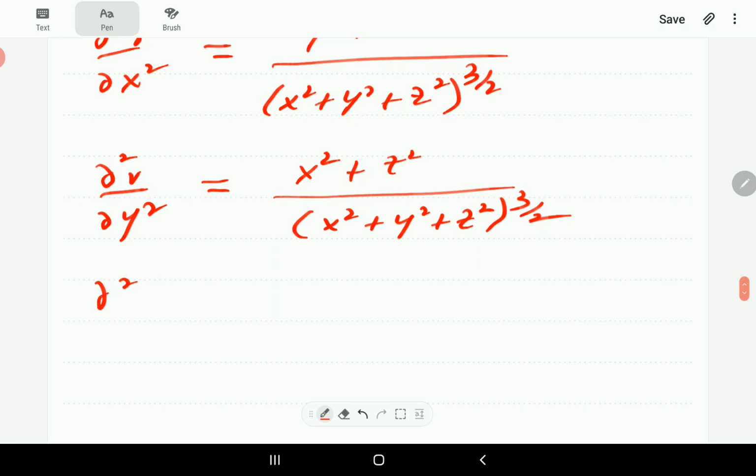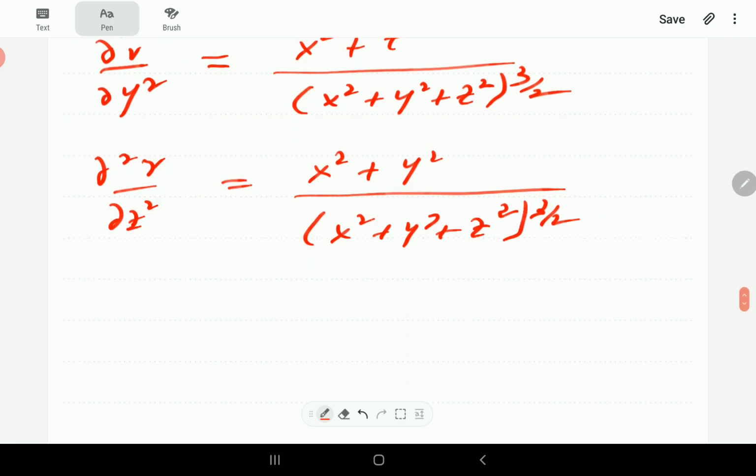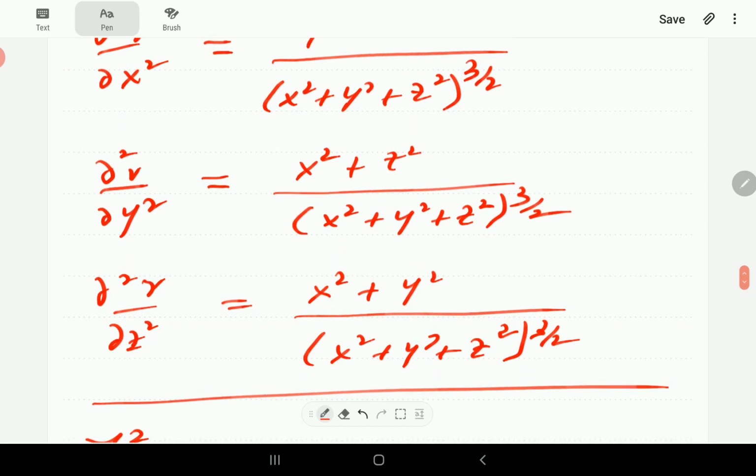And then for the z term, there isn't going to be a z in the numerator, so it's going to be x squared plus y squared, but the denominator is going to be the same in all three cases. So that means the Laplacian of r is the sum of these three. It's just this one plus this one plus this one.